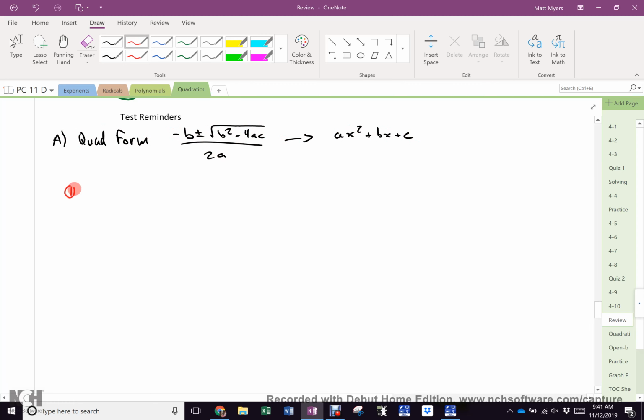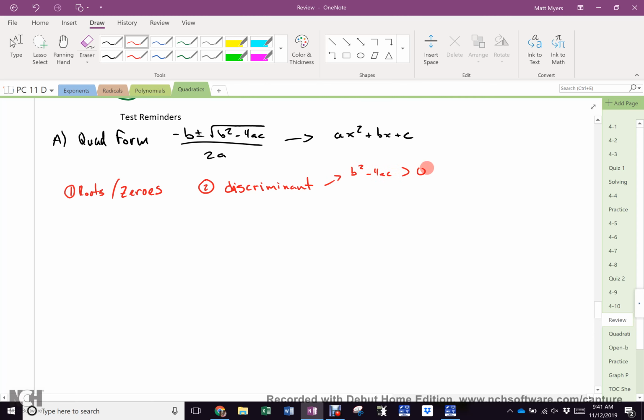The first thing it will give you are the roots of an equation, which are also called the zeros. The second thing it will give you, the discriminant, will tell you the shape. The discriminant is b squared minus 4ac.